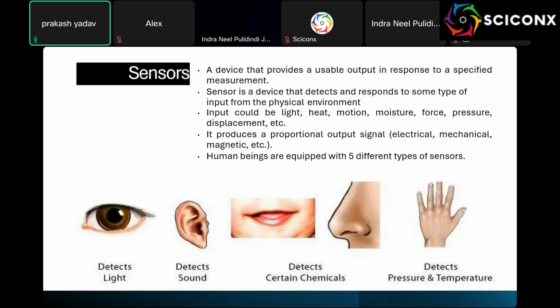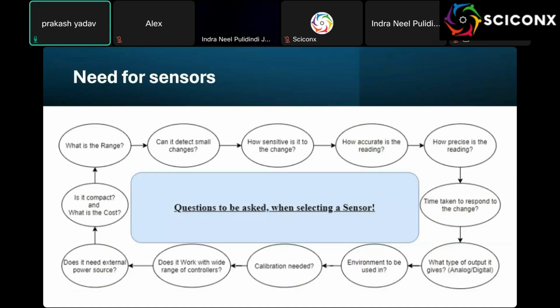Human beings are blessed with five different sensors, and at this time no sensor available matches this preciseness. And why do we need sensors? Once we choose a sensor, we require these parameters. What is the range of the sensor?